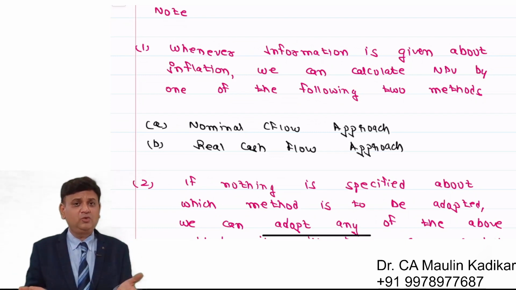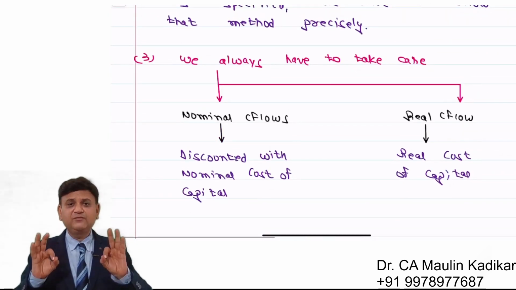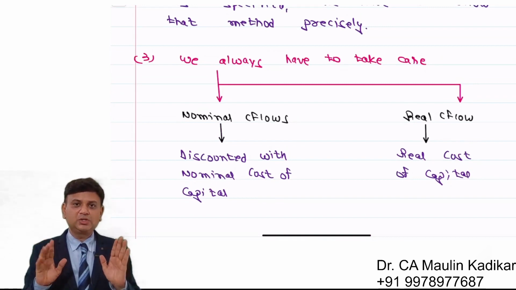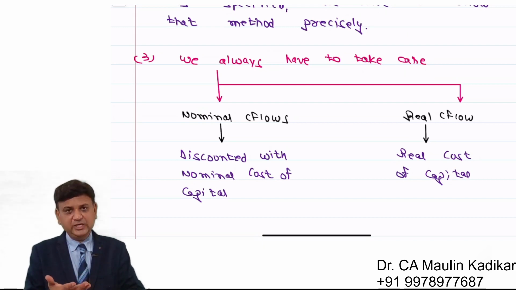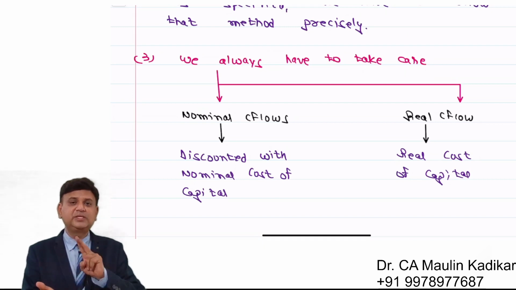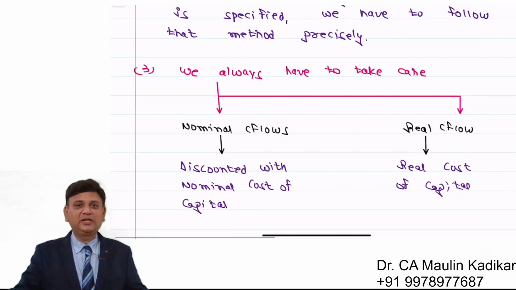You cannot have your own method in that case. Whatever method you adopt, be very clear in your approach. If you follow the nominal cash flow approach, nominal cash flows will be discounted with the nominal rate. If you follow the real cash flow approach, real cash flows will be discounted with the real cost of capital. That is the way we are required to make the calculation.